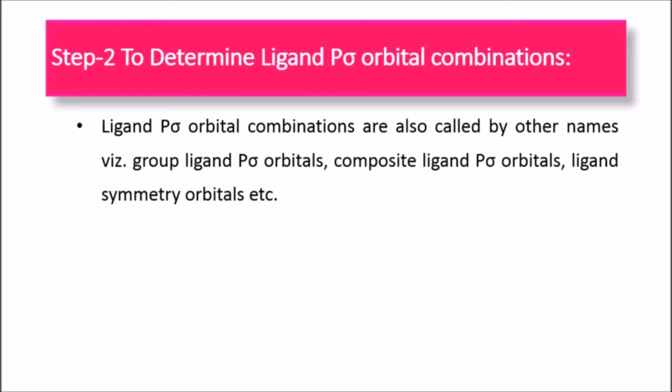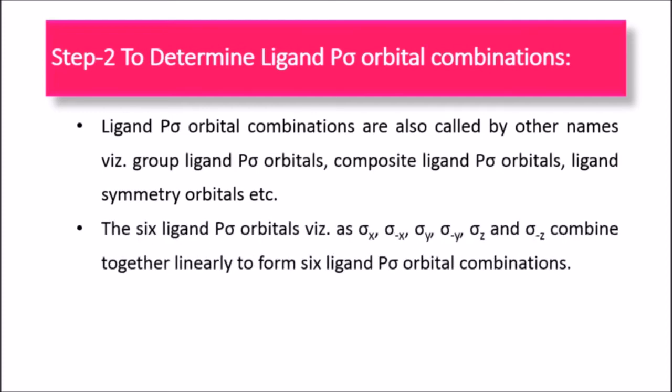Ligand p sigma orbital combinations are also called by other names, such as group ligand p sigma orbital, that is LGO, composite ligand p orbital, that is also LGO, and ligand symmetry orbitals, that is also a form of LGO.